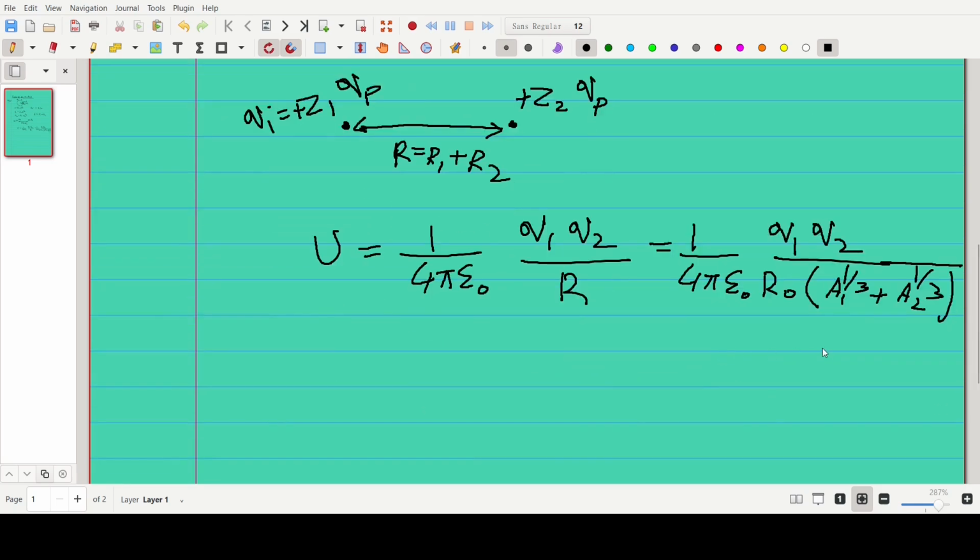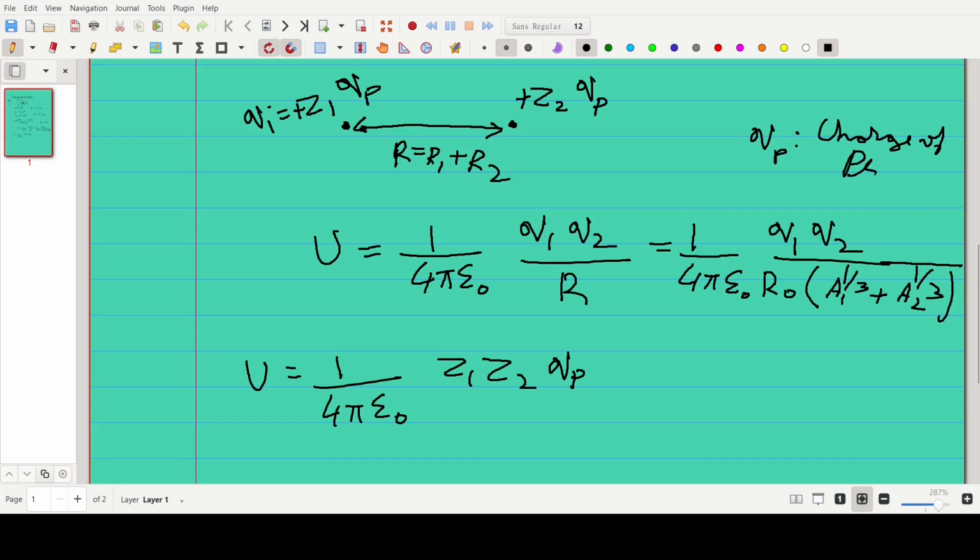So this is our answer. Effectively the potential energy has the value Z1 Z2 qp divided by 4 pi epsilon naught, where qp is the charge of a proton, by r naught times A1 to the power 1 by 3 plus A2 to the power 1 by 3.